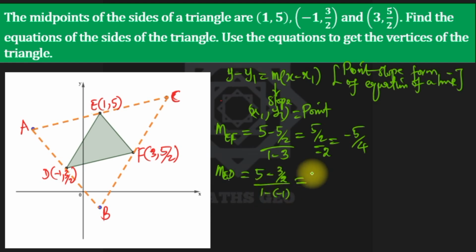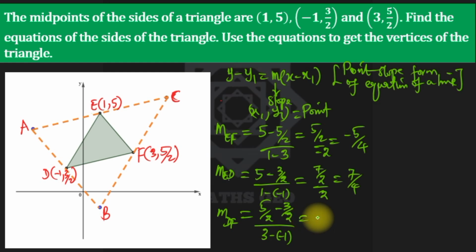So I have 7/2 over 2, so I have 7/4. Now the slope of DF is change in y over change in x, which is 5/2 minus 3/2 over 3 minus (-1). So this is 1 over 4, so I have 1/4. So we've gotten the slopes of these lines.